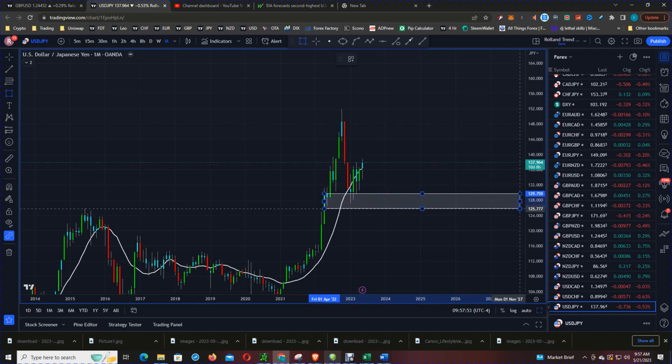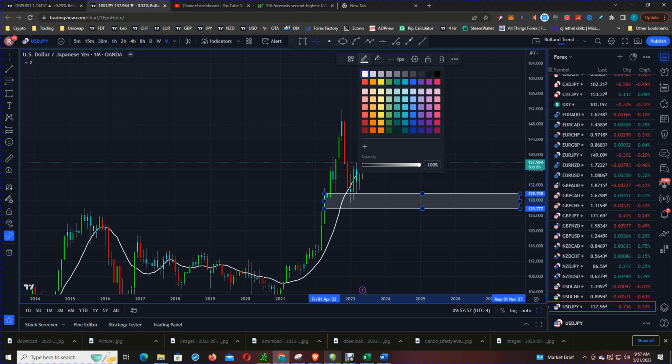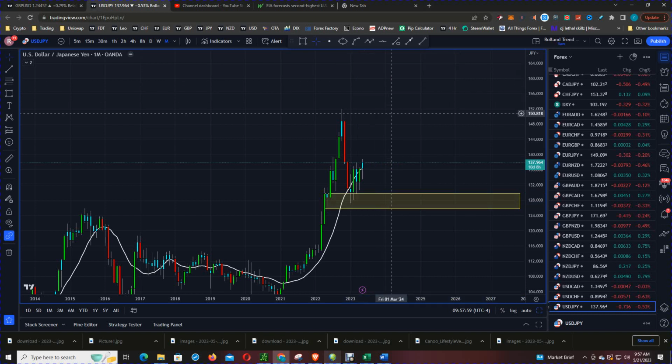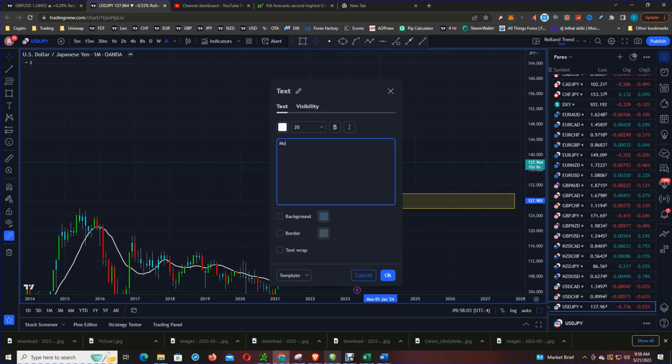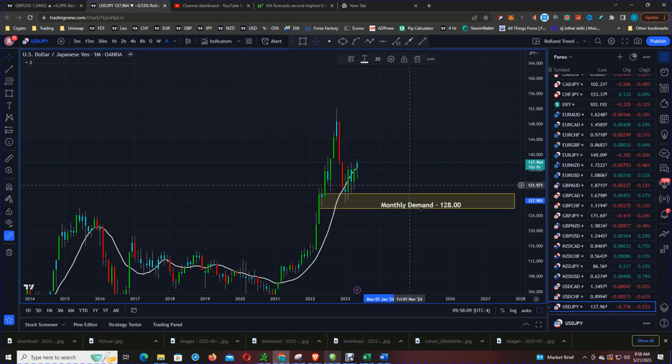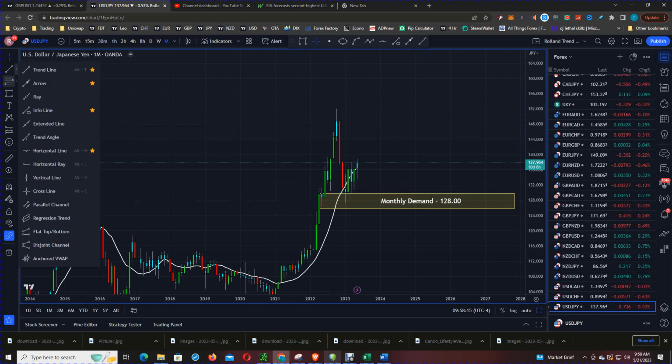So we definitely have a monthly demand level at the 1.288. And it is smooth sailing, at least until we get to the 1.44.